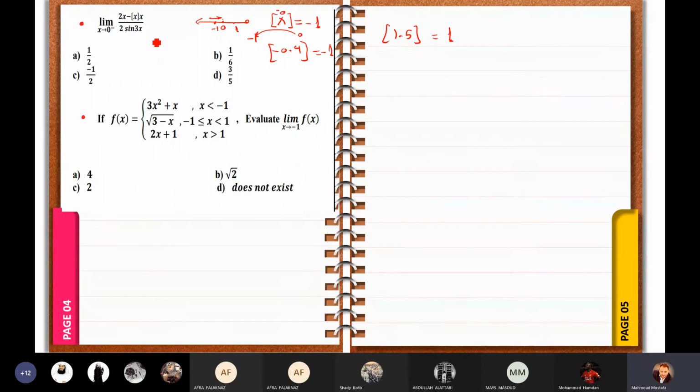Okay, so now if you substitute by 0, 2 multiplied by 0 is 0. Here x is 0, so it will be 0 over 0. How to find now the limit?